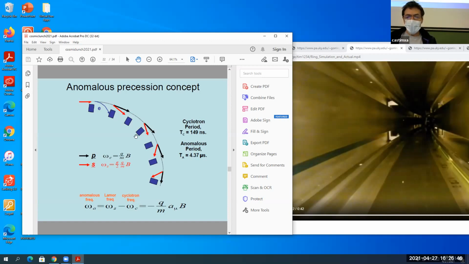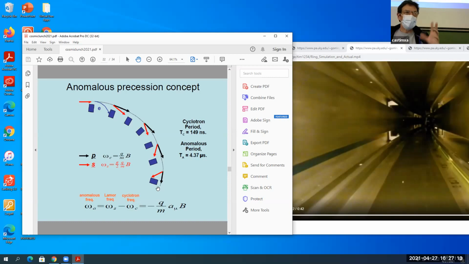And as you go further around the ring, the spin in red and the momentum in black get further and further out of phase. Now, this is greatly exaggerated. In the real case, if the muon goes around the ring 30 times, then the spin has actually rotated 31 times, approximately.